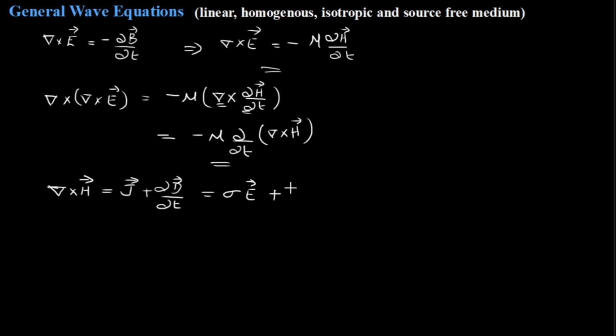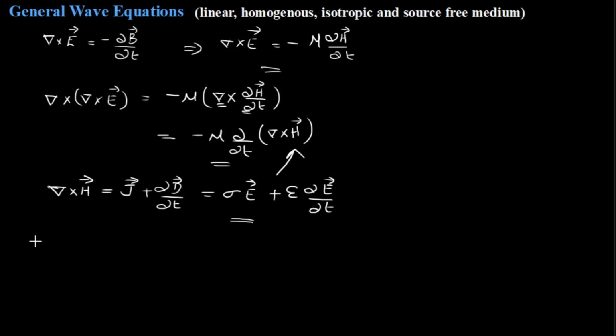So I have sigma E, and D is epsilon E. Substituting all that, I can have curl of H as sigma E plus epsilon partial differential of E with respect to t. So I will be using curl of H equal to sigma E plus epsilon del E by del t in this equation.